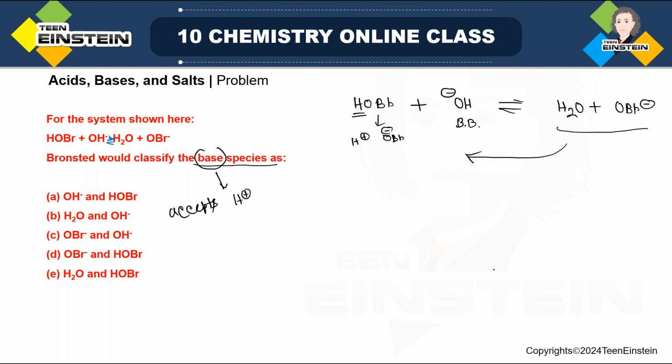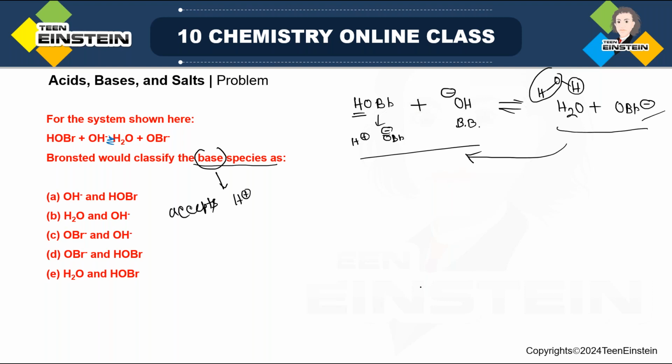Now what is the reaction? As if OBr minus is capturing 1 proton from water. Water, if you consider its structure like this, then 1 H will be captured by OBr minus, and the rest of the part will be in the form of HO minus, which you are having on this side. Okay.